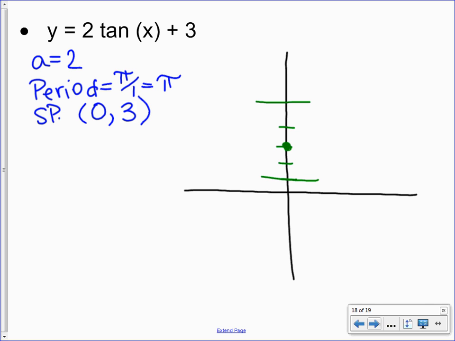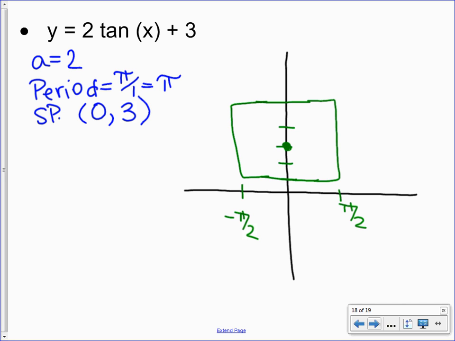Our frame needs to have a length of the period. So since our period is pi, it's going to stretch to the right how much? Pi over 2. And it's going to stretch to the left pi over 2. Our frame needs to total the length of the period, so we're going to go half each way.